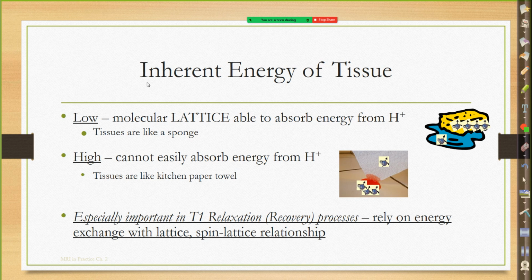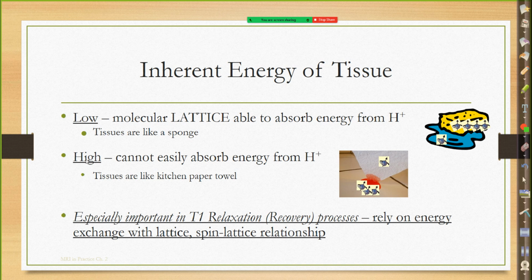So when we have low inherent energy, that means the molecular lattice, or the surrounding environment, is able to absorb energy from our hydrogen spins. So think of the lattice as a sponge. It can absorb that energy a lot easier. So then the energy of our hydrogen spin goes down very quickly, so that's why it's referred to as low.